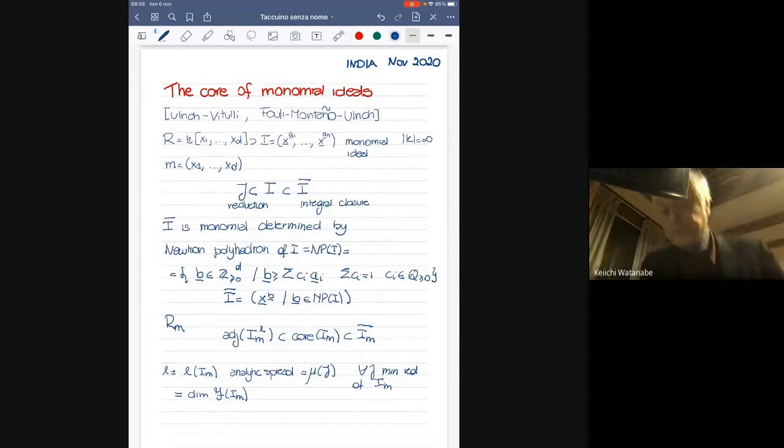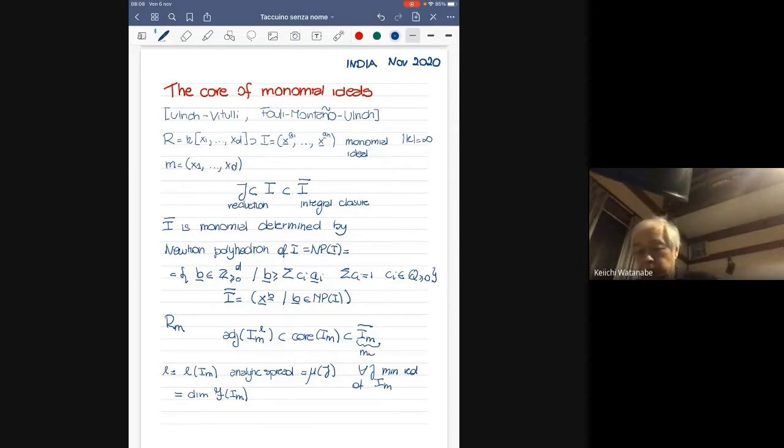Now, as we saw, I_m is a monomial ideal, but also the adjoint is a monomial ideal.